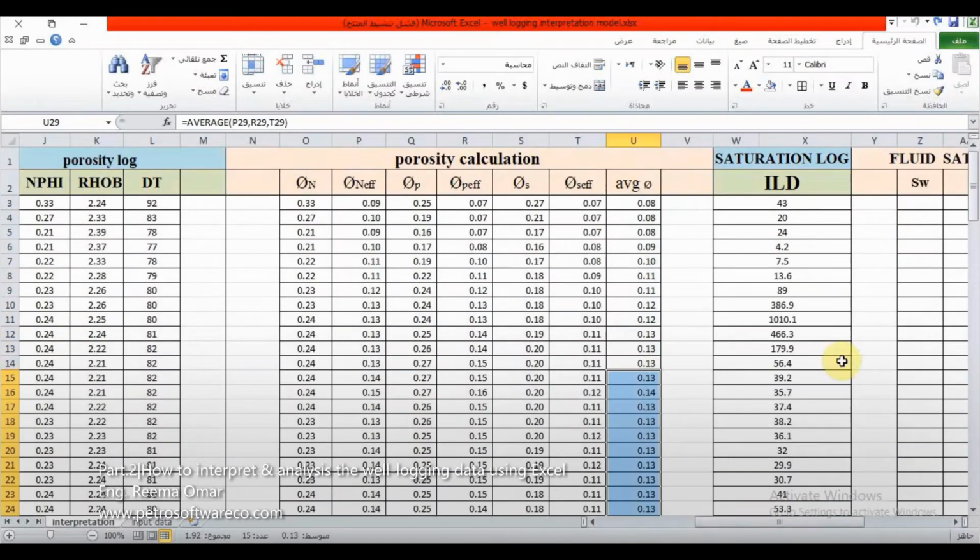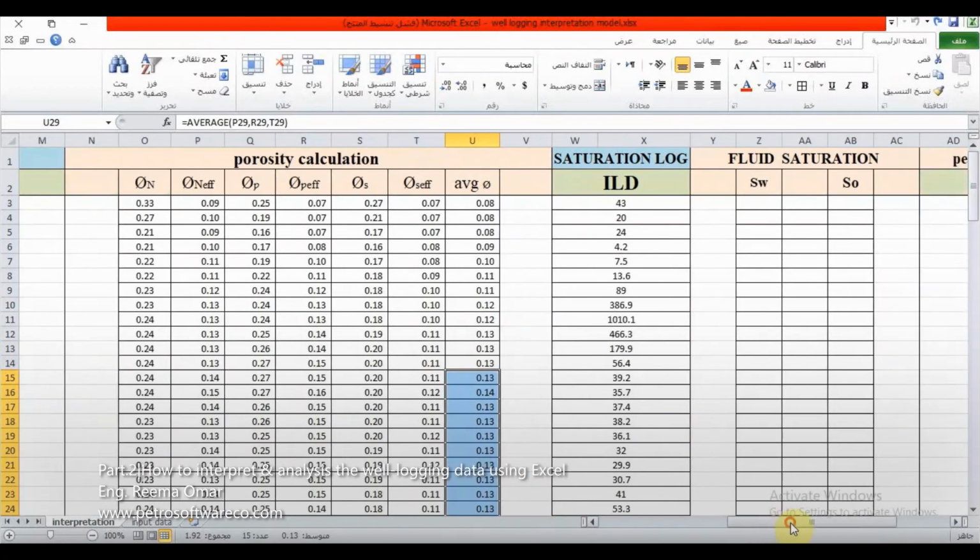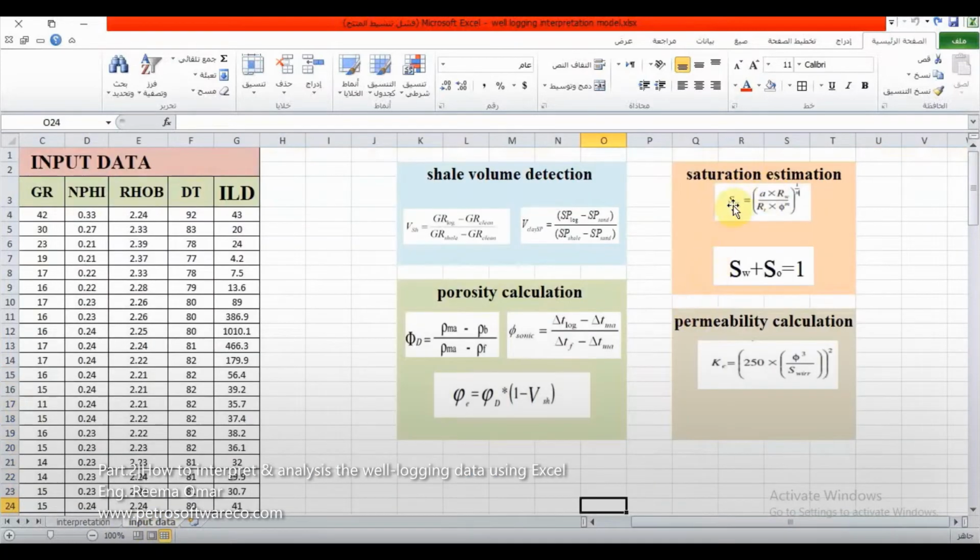The next and most important step in well logging interpretation is to estimate the water saturation and oil saturation. We calculate the water saturation based on the Archie equation. The Archie equation needs total resistivity, resistivity of water, and effective porosity, and other parameters that depend on the formation, such as saturation exponent, cementation factor, and tortuosity factor.